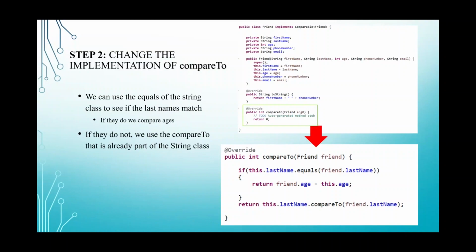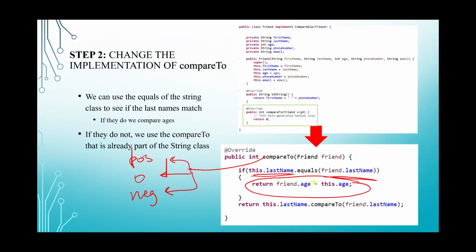So what we are doing, we say compareTo must return one of three things, right? One, positive. Two, 0. Three, negative. We say if the last name is equal to the last name of the entity we are comparing with, return the age difference.